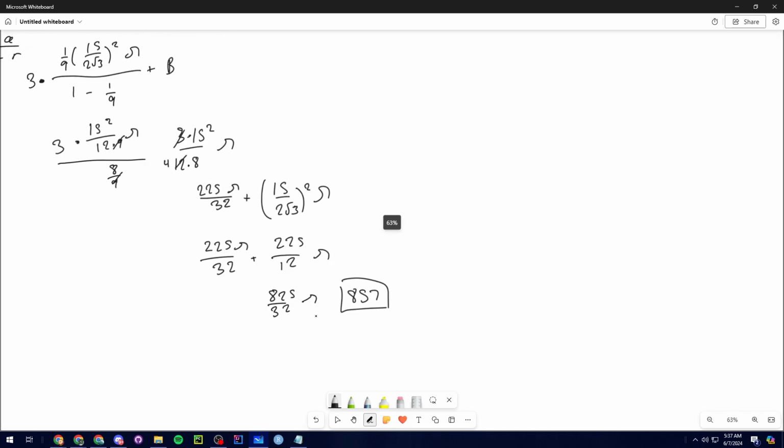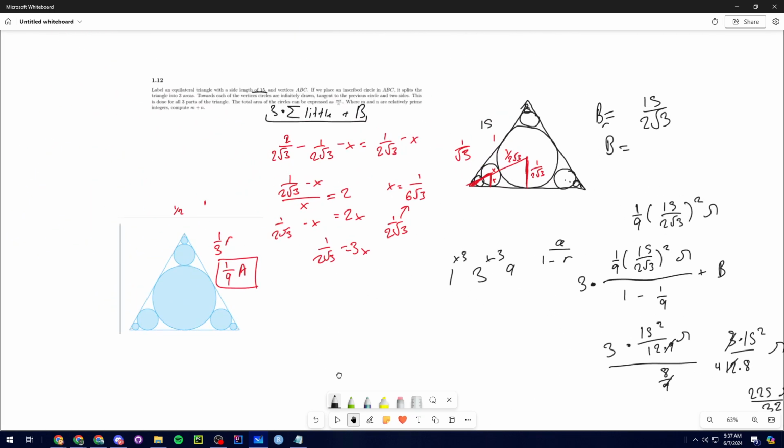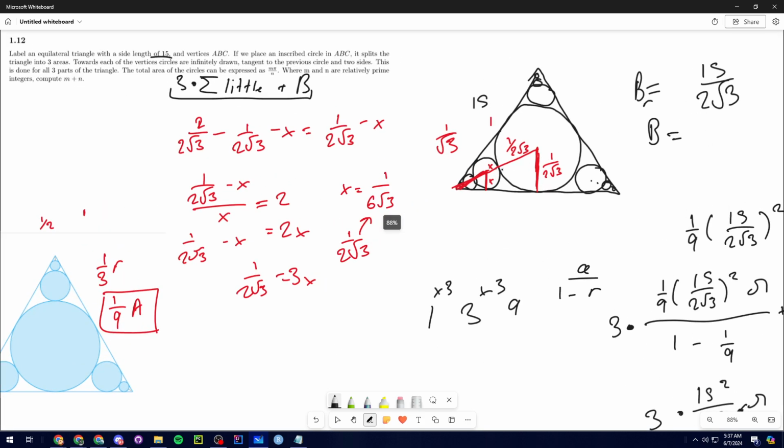But before I move on to the next problem, I'm going to explain what I just did, because I know you probably got lost at some point, which is okay. I probably would have gotten lost if I saw this much math as an 8th grader. What you did was identify that, first of all, you need to do an infinite series. It's going to be this big circle plus 3 times whatever series those are.